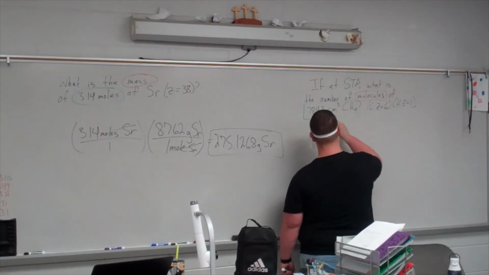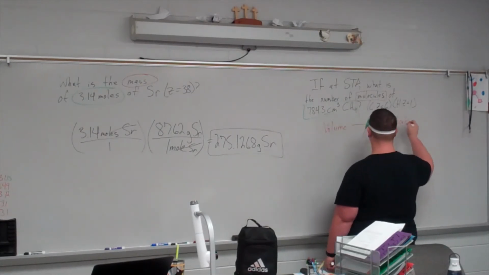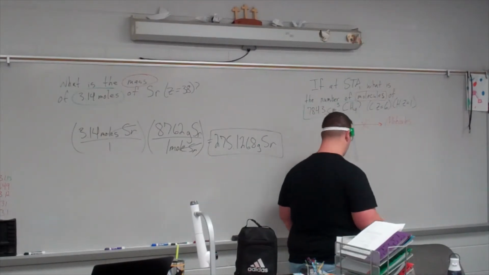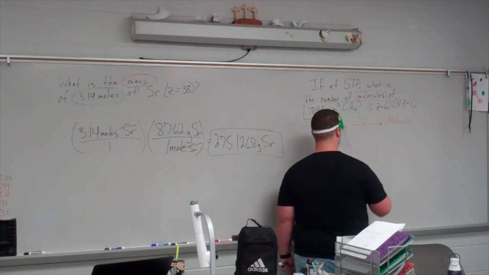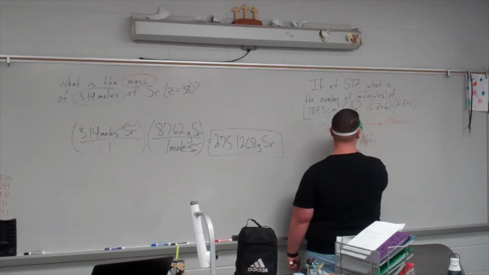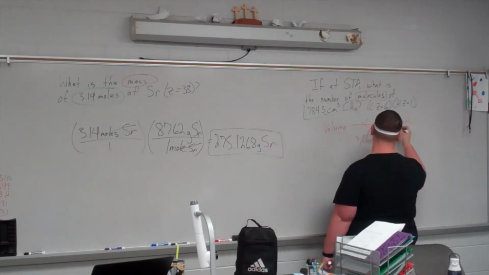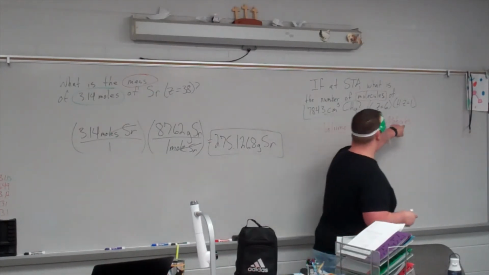Can I go from volume straight to molecules? No. What do I have to do first? Go to moles. I've got to go to moles first. Always remember, moles are going to show somewhere in your mole conversion. So we first go from volume to moles, then from moles to molecules.